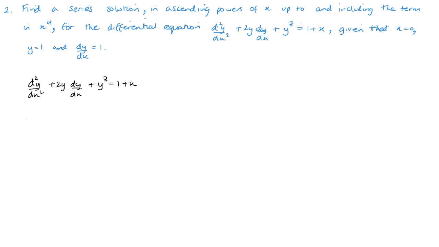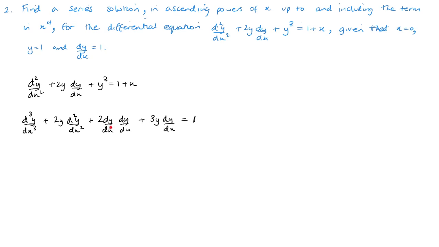So let's differentiate. So this is going to be d3y by dx cubed plus, for the next one I've got this times this differentiated, so it's going to be 2y d2y by dx squared, plus this differentiated is going to be 2 dy by dx times dy by dx, plus 3y dy by dx equals, the x goes to just 1.